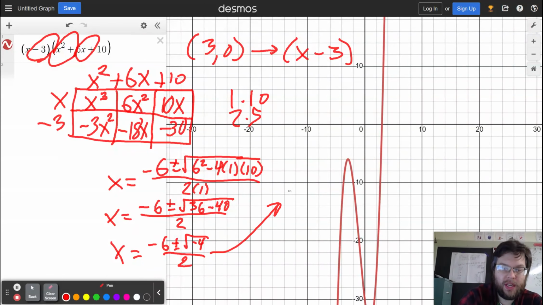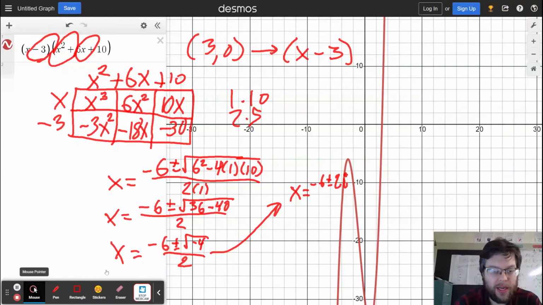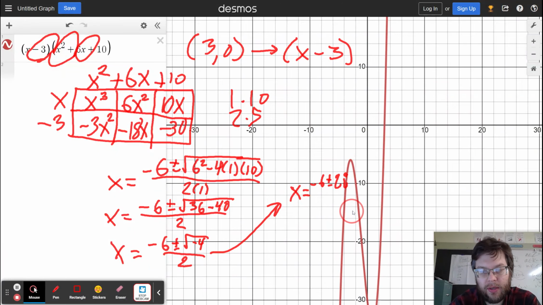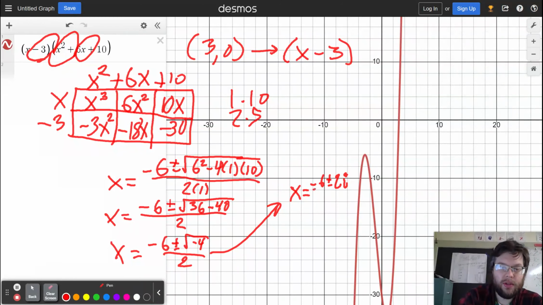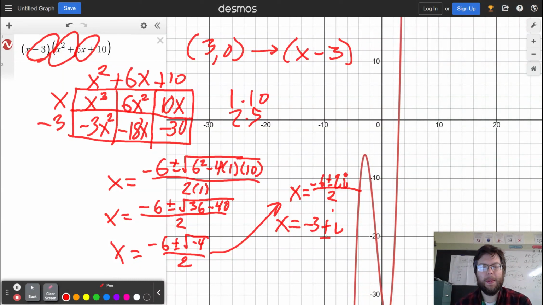And the square root of negative 4 is 2i, because the square root of regular 4 is regular 2. So the square root of negative 4 is 2i. And if that's divided by 2, I can divide 6 by 2 and 2i by 2. So I have negative 3 plus or minus i.